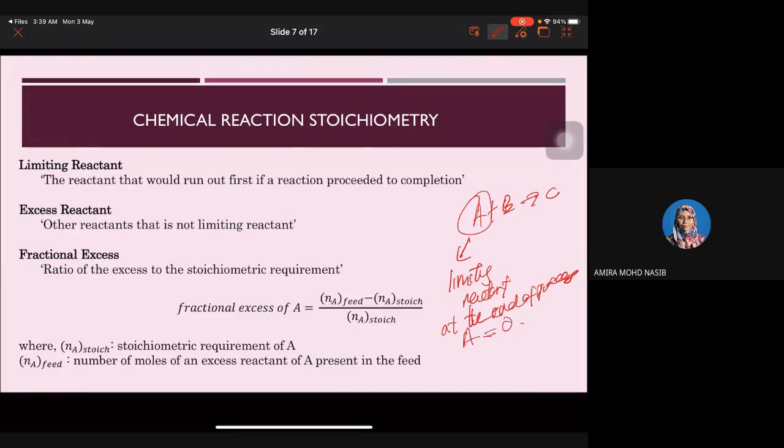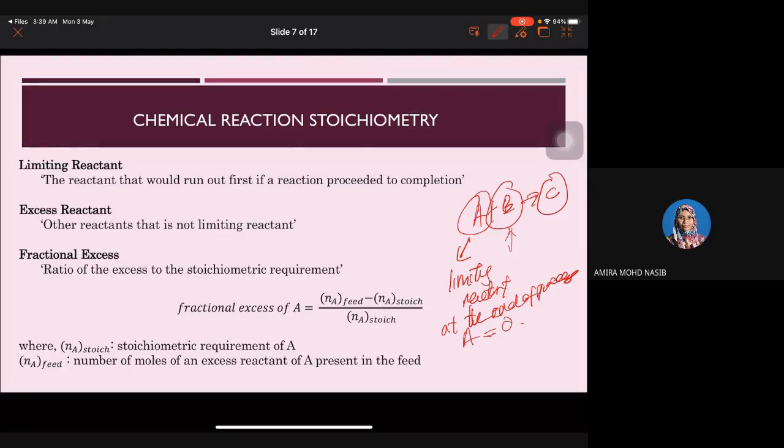It's going to be used until it finishes to produce C. But the excess reactant is B. This one is not being used totally because it happens to be in excess in your system. That is what we call the excess reactant.